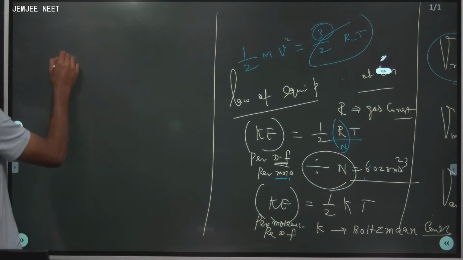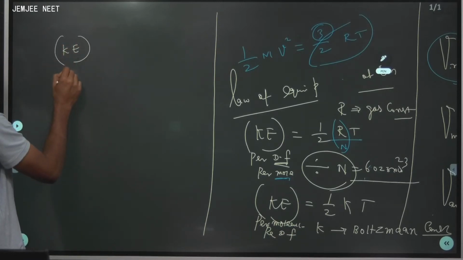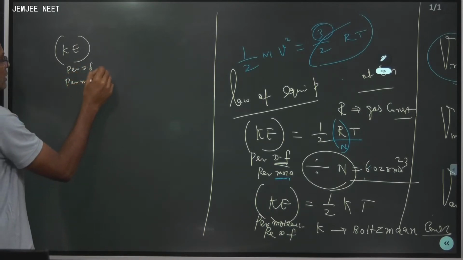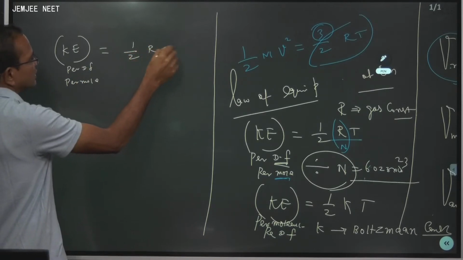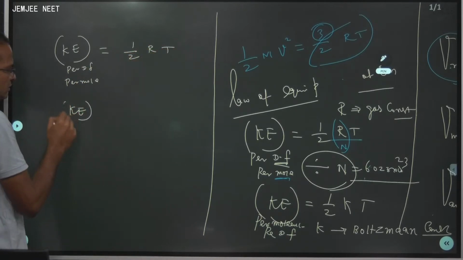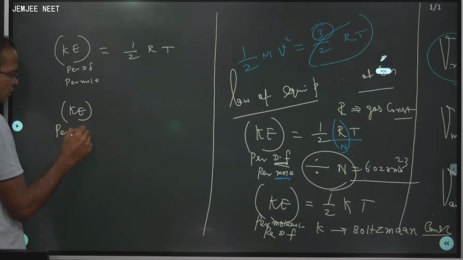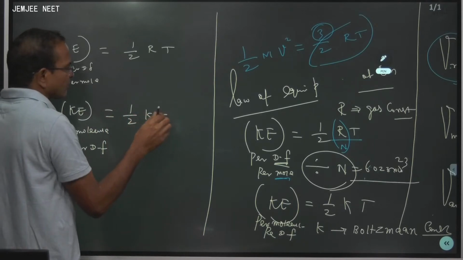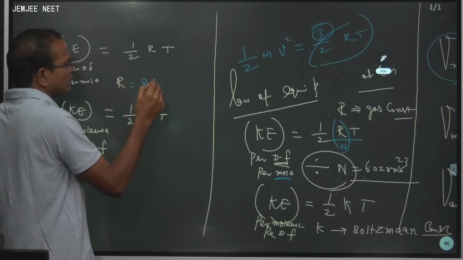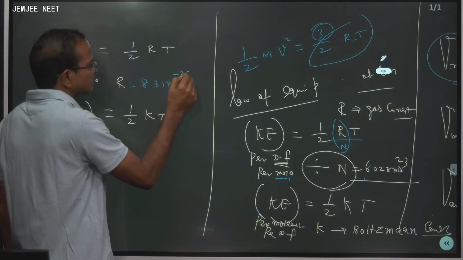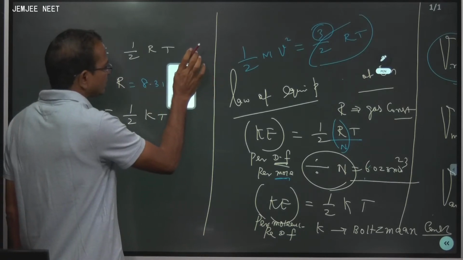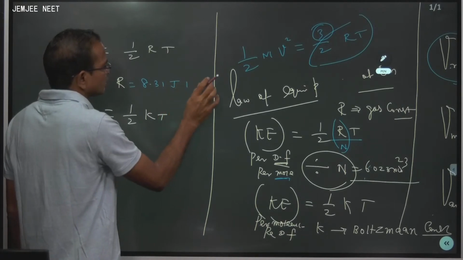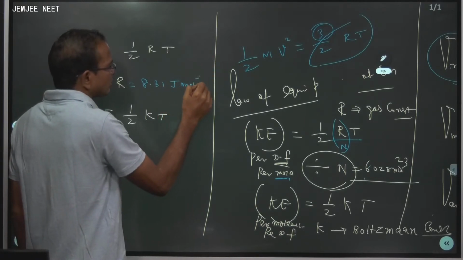Now, kinetic energy per degree of freedom per mole is simply ½ RT. Kinetic energy per molecule per degree of freedom is ½ kT, where R equals 8.31 joule mole power minus 1 Kelvin power minus 1.